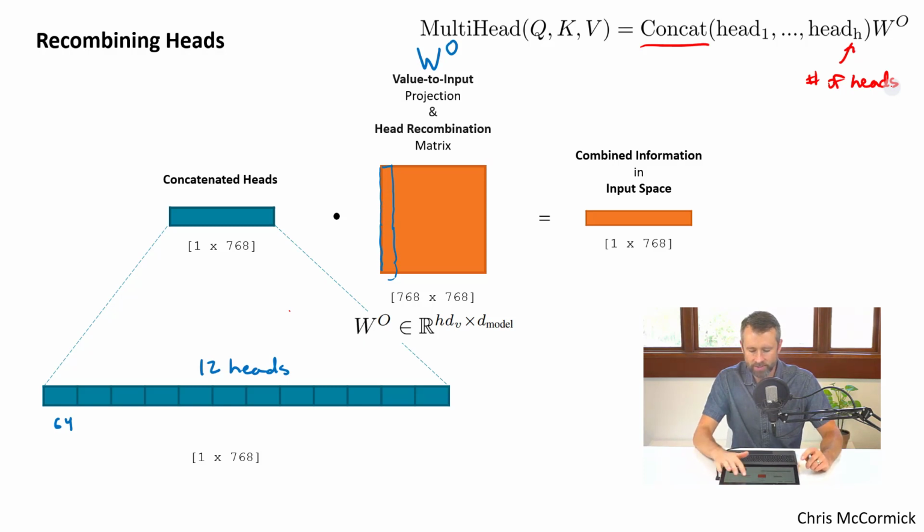And then once they're concatenated, we multiply them by WO. And as for the size, dV can be a different value, but this matrix, the recombination matrix, needs to have a number of rows equal to the number of heads times the length of the value vectors.